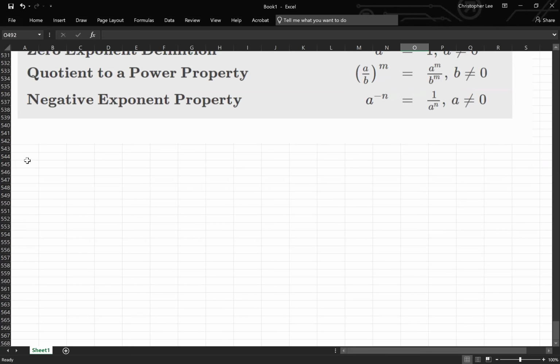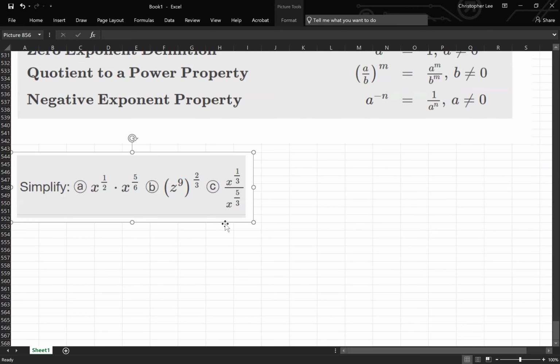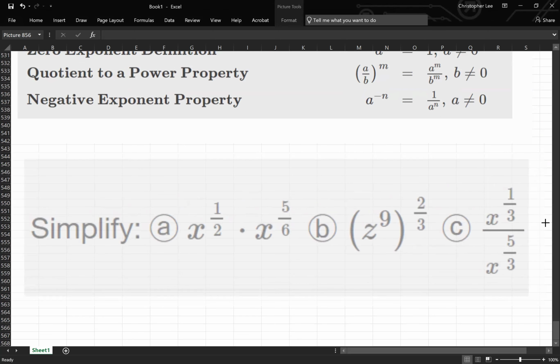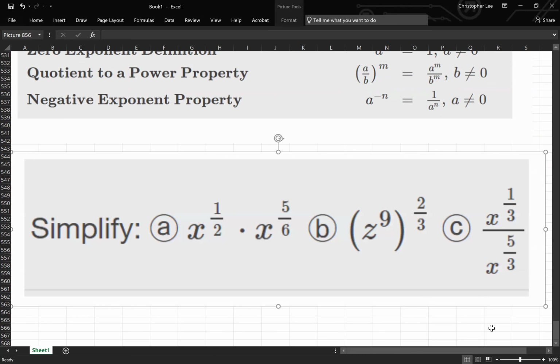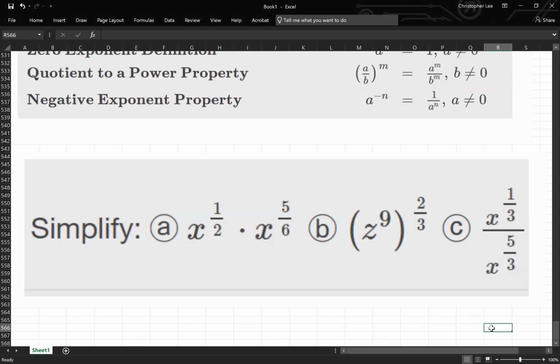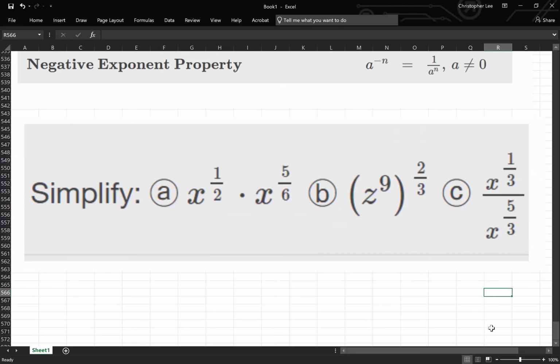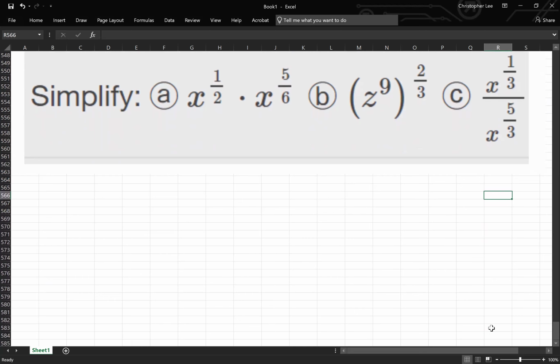Okay, using those properties, these are the last kind of questions we're going to get into. So let's say for A, I have x to the half power times x to the 5 over 6 power.